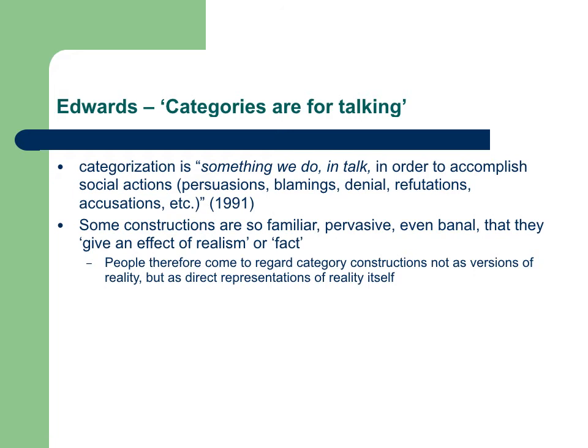And he argues indeed that some category constructions that are banal in their everyday common use, like male, female, girl, boy, young, old, adult, child, are so familiar, so pervasive, that they give an effect of realism or fact. So we might in accounts say, oh, this girl I knew, or this girl the other night, and no one may challenge that description, and yet there are various other ways in which we may have described this person.